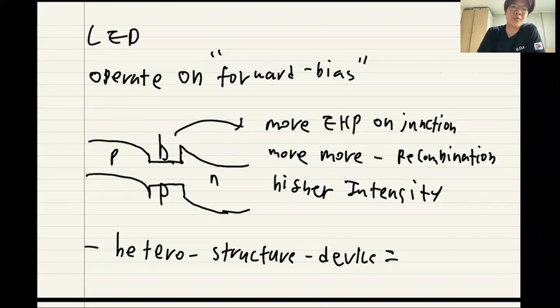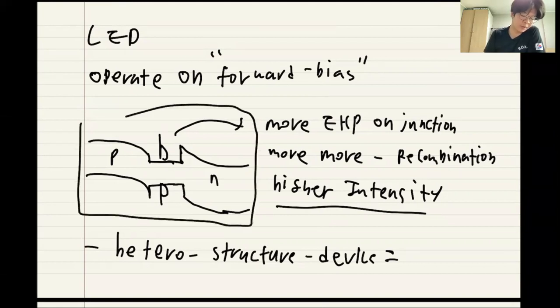The longer carriers exist in the junction, the more recombined carriers will appear, which causes higher light intensity.